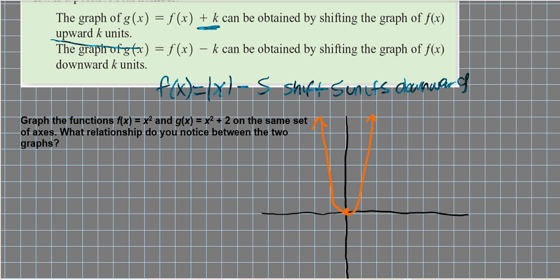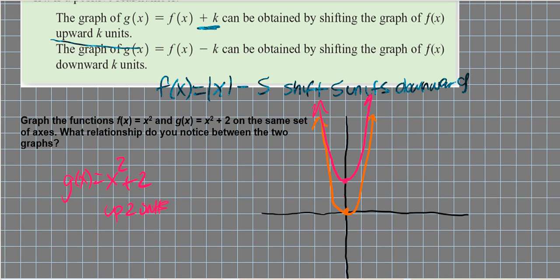Now, the next one says graph g of x equals x squared plus 2. That means we are going to move up 2 units. So at that 0, 0, I'm just going to move it up 1, 2, and it's going to be at 0, 2. And I still draw the parabola.